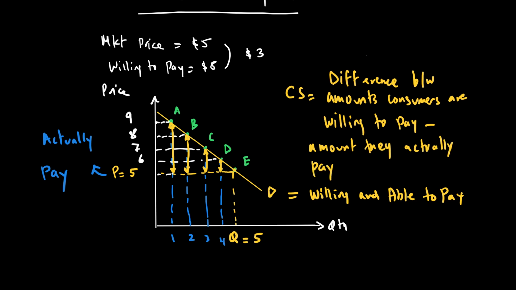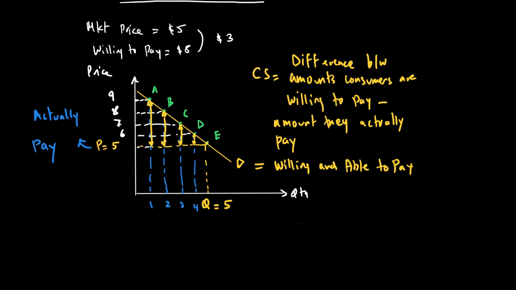And that is why, if you look at this consumer's surplus, for the first unit it will be 9 minus 5, which is 4, plus for the second unit 8 minus 5, which is 3, and the third unit it will be 2, because that's 7 minus 5, and then the fourth unit will be 1, and the last one will be 0.